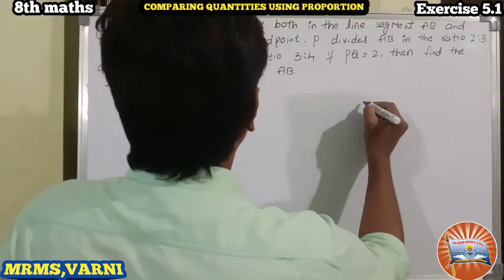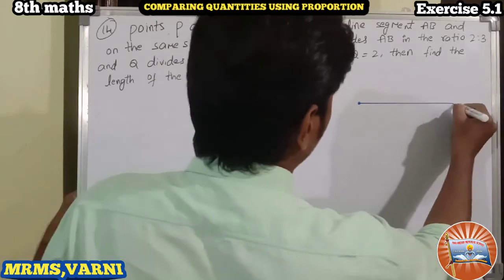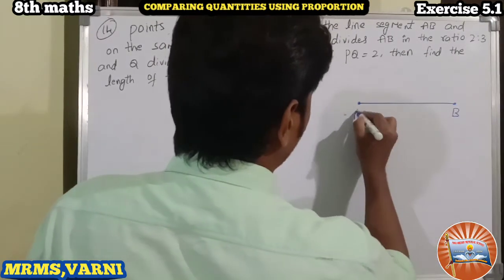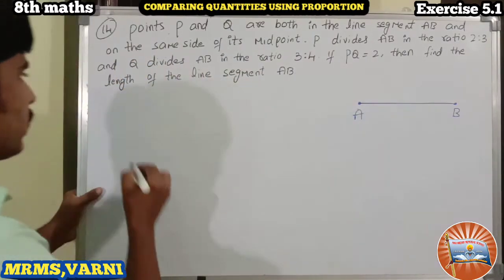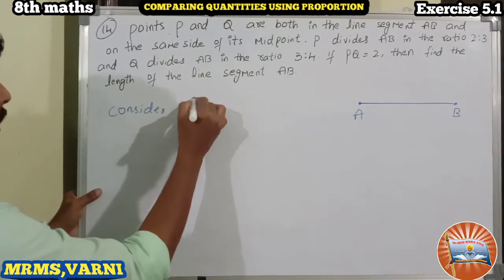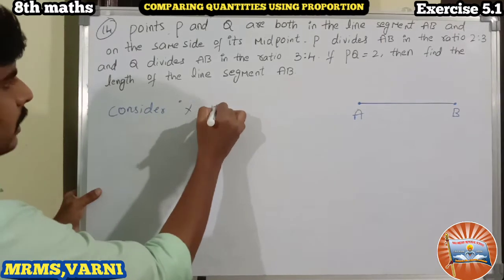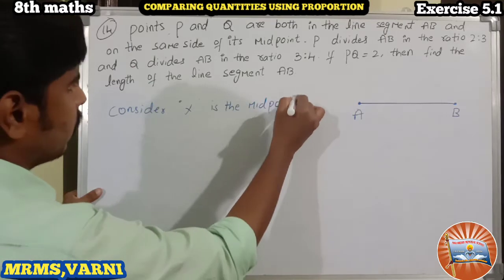So look at here. Given a line segment AB, this is the AB line segment, and consider X is the midpoint.